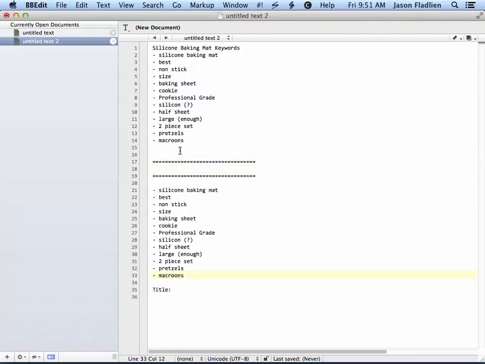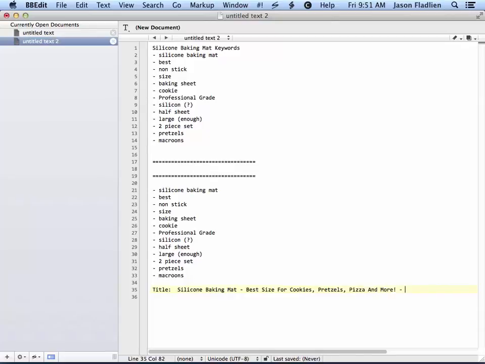Now let's duplicate this, and let's write a title. So I would just say silicone baking mat, best size for cookies, pretzels, pizza, which I guarantee you will be a keyword later on that you'll find, and more.